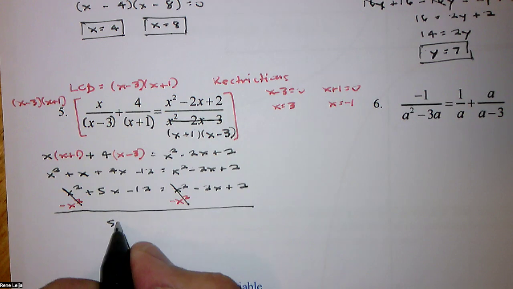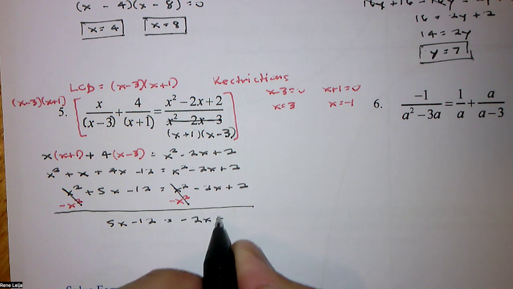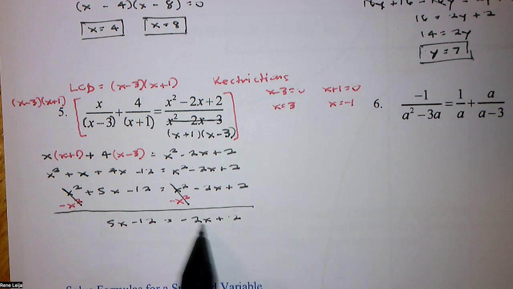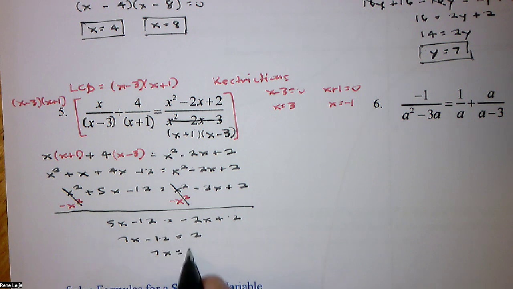We just have this nice linear equation to solve. So I'm going to add the 2x to both sides. So plus 2x plus 2x, this gives me 7x minus 12 equals 2. And then I'm going to add the 12 to both sides. So plus 12, 2 plus 12 is 14. And when we solve, we get that x is 2.